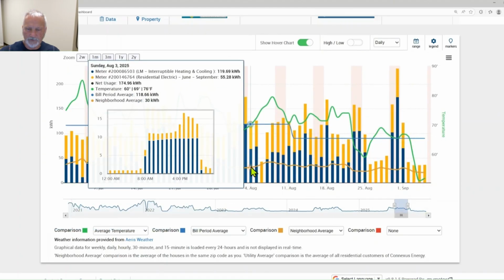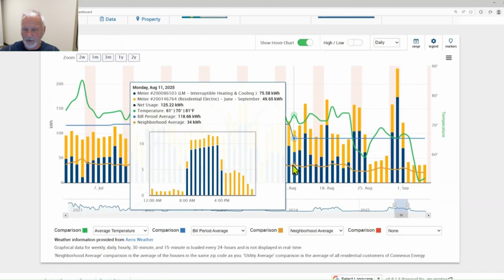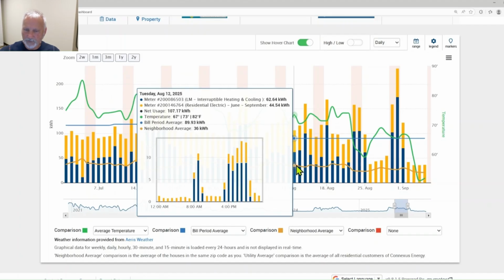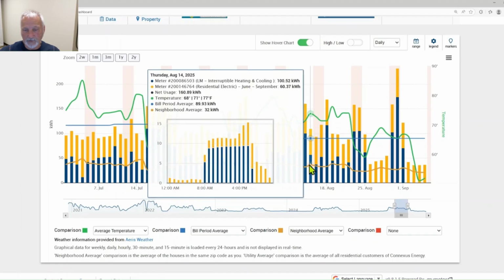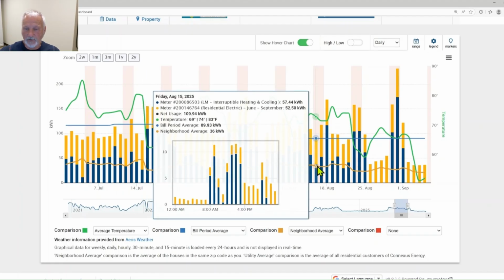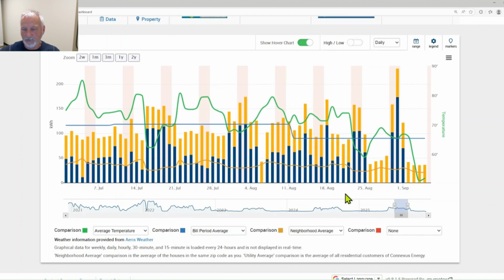So this is a good tool to see whether or not you're using more than the average. And if you are, well, maybe you got something left on from winter, or something left on from summer, or maybe you have an appliance that's not running well and is very inefficient. Those are things that you can look at.